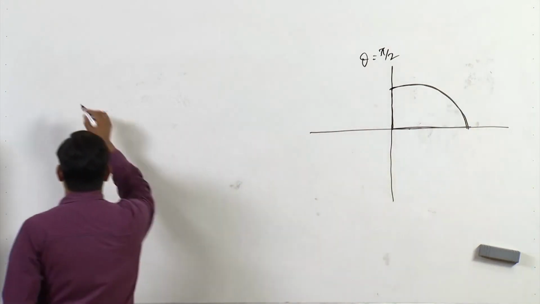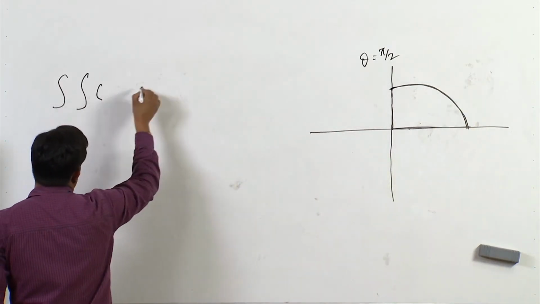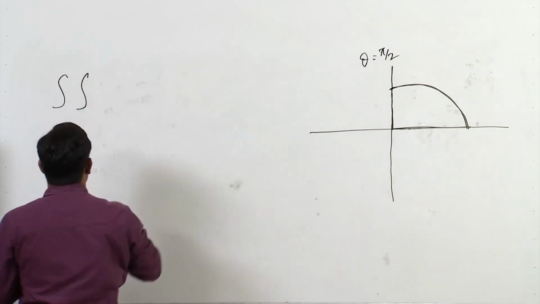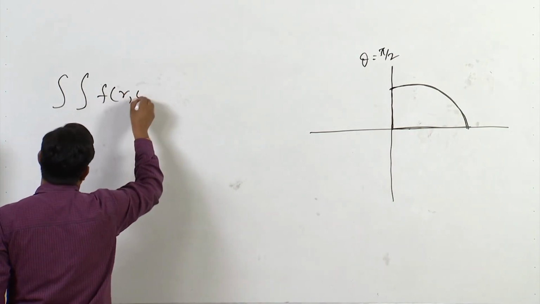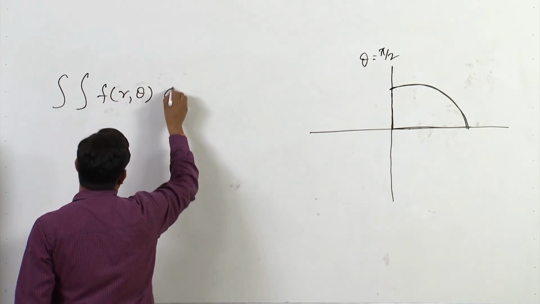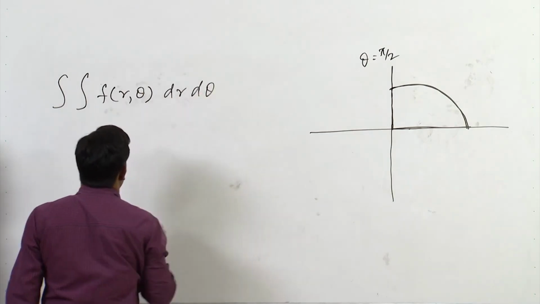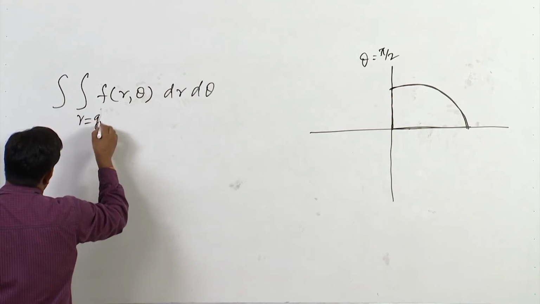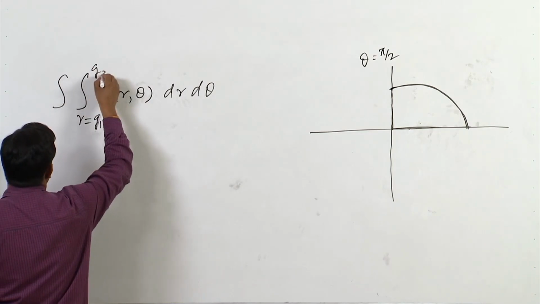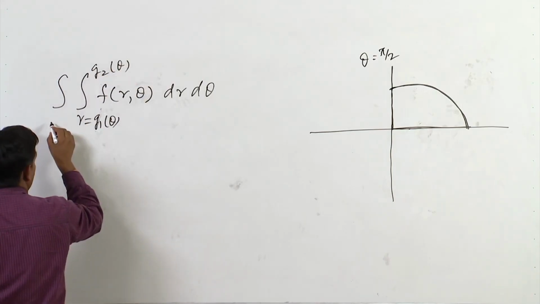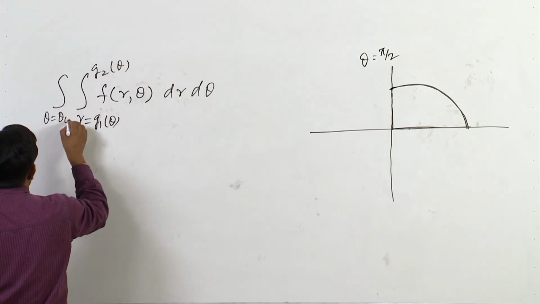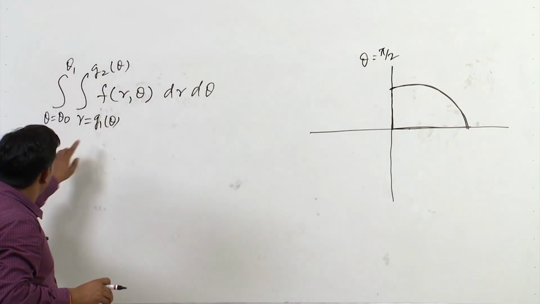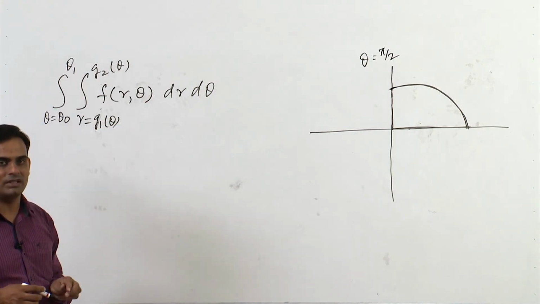So, in polar I am having the integral of f of r theta dr d theta, where r equals g1 theta to g2 theta, and theta is some theta 0 to theta 1. So, theta 0 and theta 1 are constant limits, while for r I am having functions of theta.